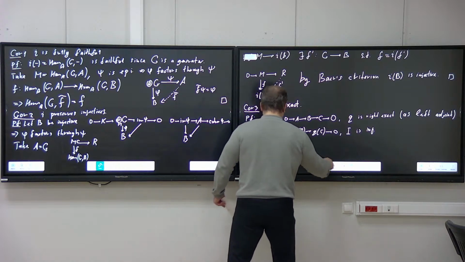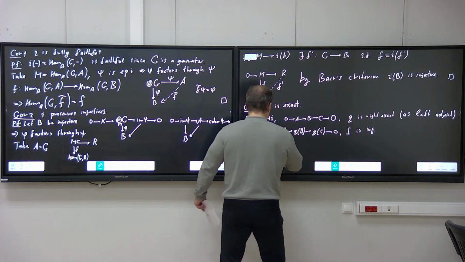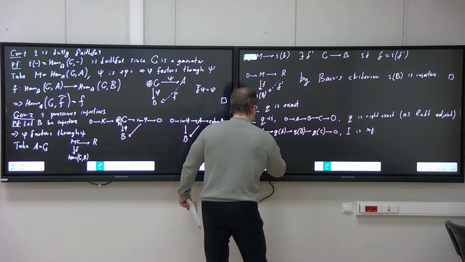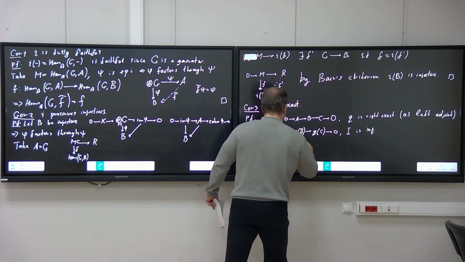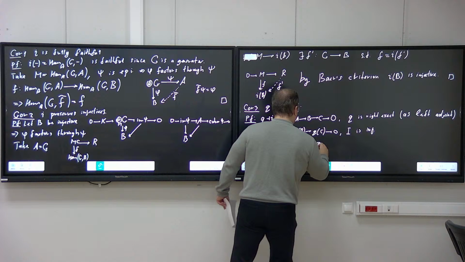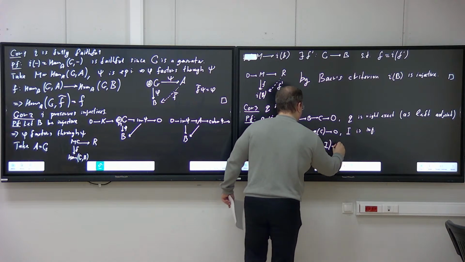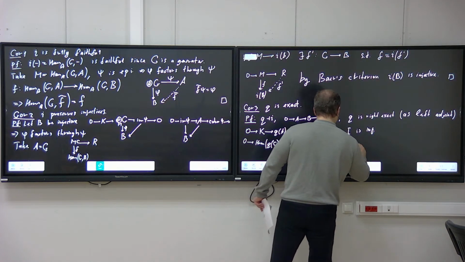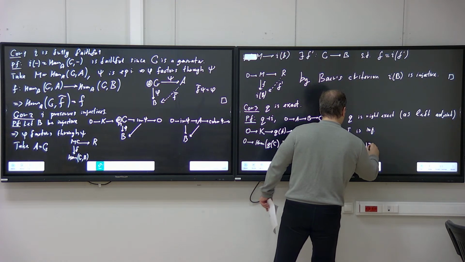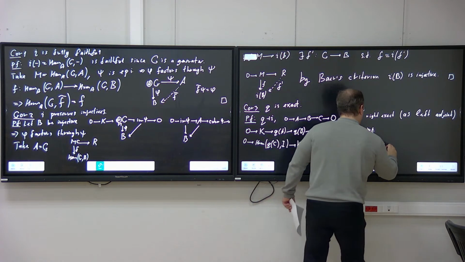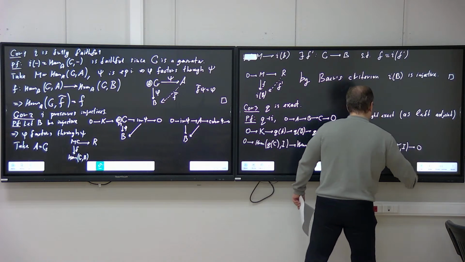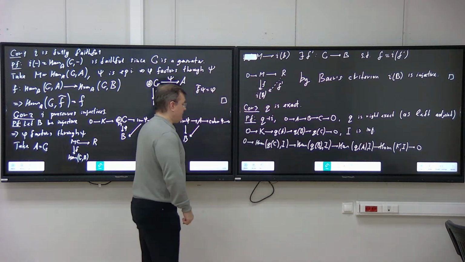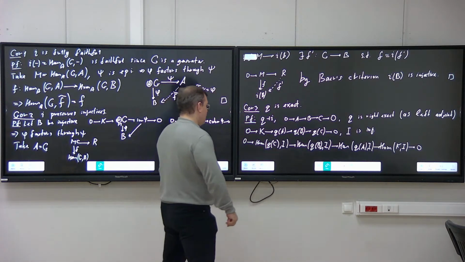So this will be Hom of Q of C, I mapped to the Hom of Q of B, I mapped to the Hom of Q of A, I, and finally there will be Hom from the K to the I, and then 0. Okay? By the exactness of Hom into the injective object.